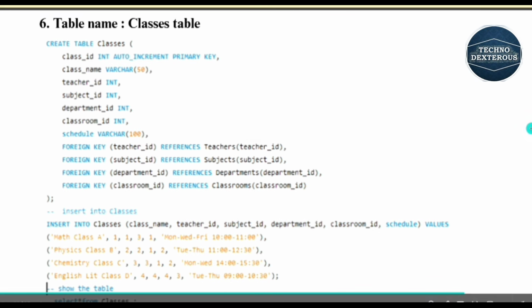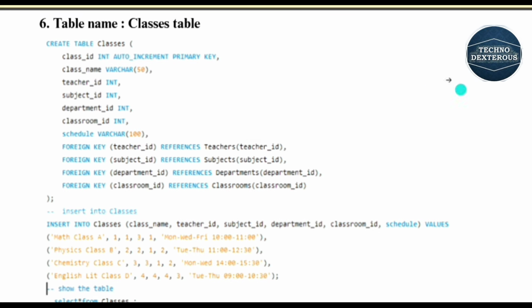Then the classes table. Here in the classes table we have class ID, class name, teacher ID, subject ID, department ID, classroom ID. Here we schedule: teacher ID is a reference from the teachers table, subject ID is a reference from the subject table, department ID is a reference from the department table, and classroom ID is a reference from the classroom table.